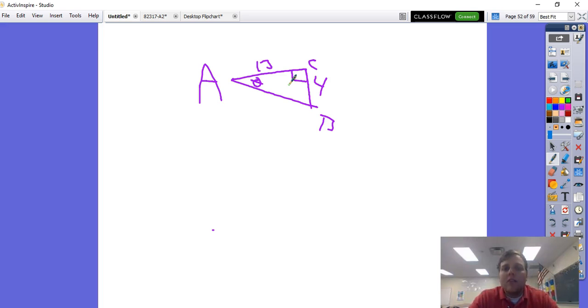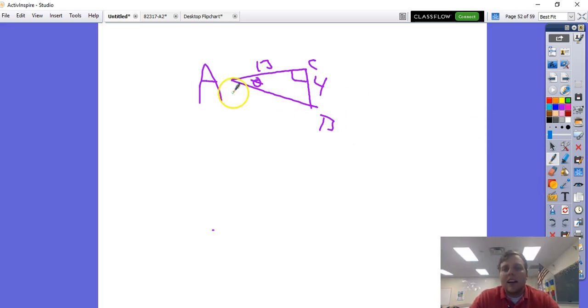We want to solve for a missing angle, so I need to use trig ratios, because all three trig ratios, sine, cosine, and tangent, deal with angles: sine of some angle theta, cosine of some angle theta, and tangent of some angle theta. So we can use that to solve for this missing angle.